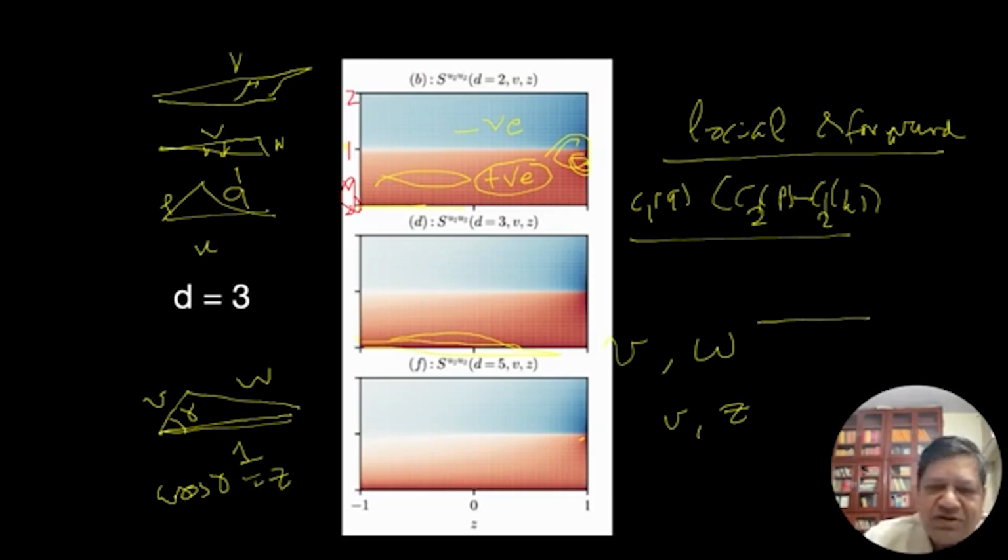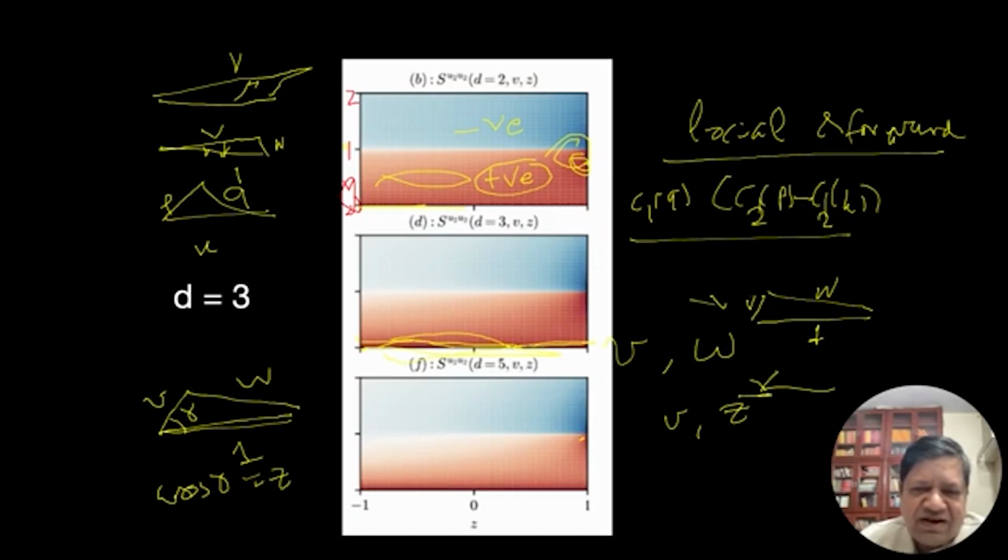V small means the giver is small. So for all givers, when this is all Z's, that means V can take any direction. So all these V's are giving energy to 1.